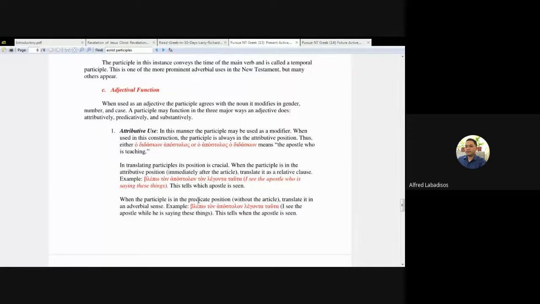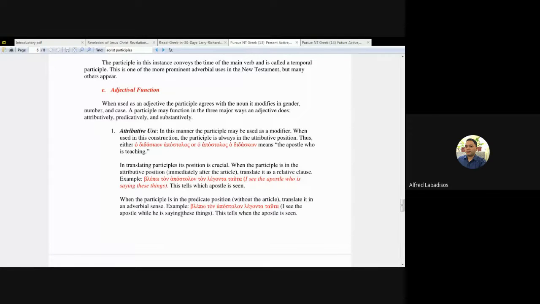Now, when the participle is in a predicate position without the article, translate it in an adverbial sense. So when the participle doesn't have a definite article, you translate that participle in an adverbial sense. For example, blepo ton apostolon legonta tauta: I see the apostle while he is saying these things.